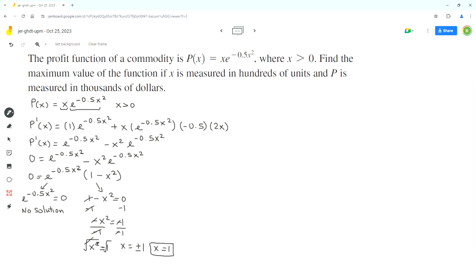So this is the x value at which the tangent is horizontal. Now we should check whether this x number represents a maximum point, and for that we can use the first derivative test. So we can use the number line method.